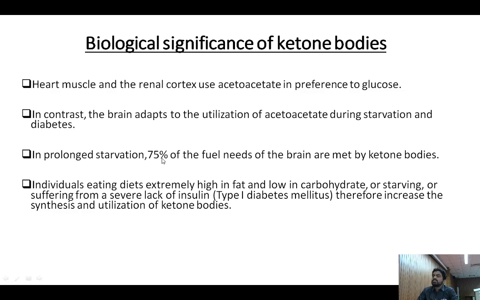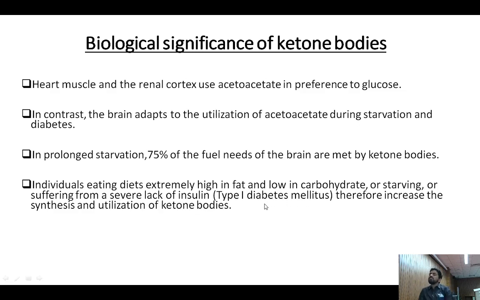In prolonged starvation, 75% of the fuel need of the brain is met by ketone bodies. So individuals eating a diet extremely high in fat and low in carbohydrate, or starving. If high in fat, it will form more ketone body. If low carbohydrate, that will also lead to formation of more ketone body, or starving, or suffering from lack of insulin. If there is severe lack of insulin, especially in type 1 diabetes, why does it happen?